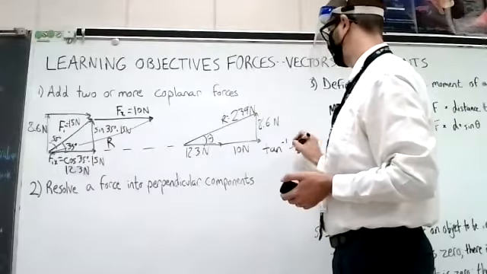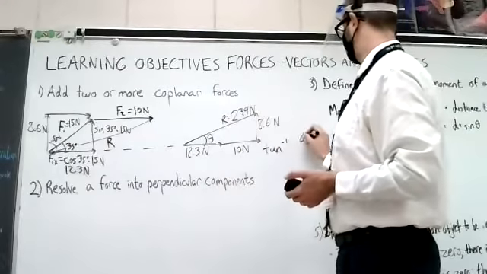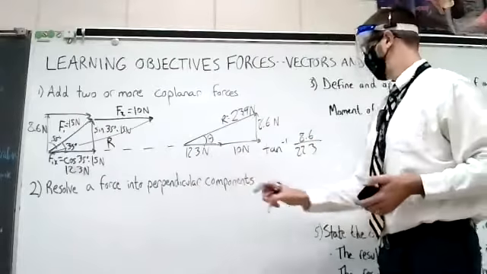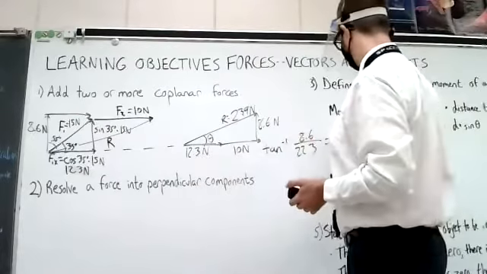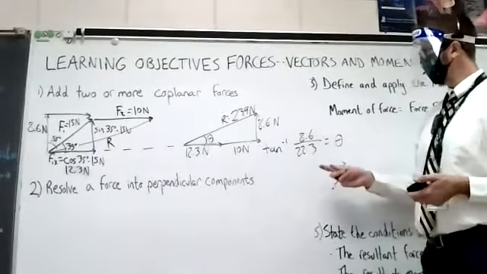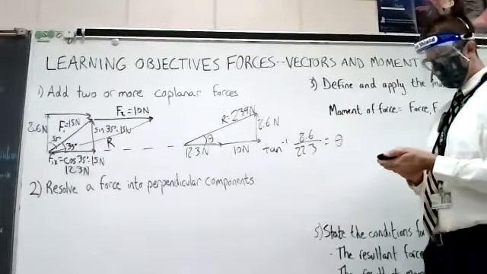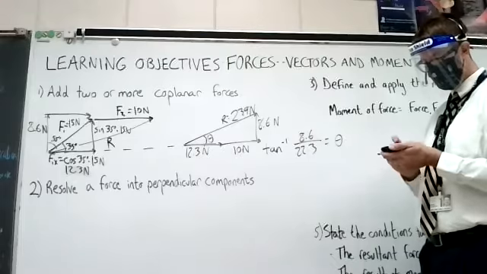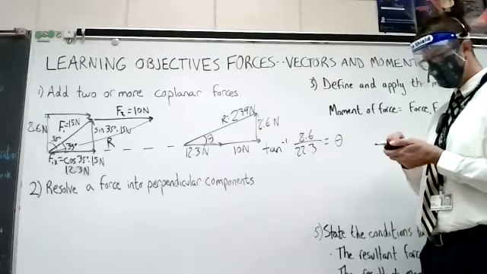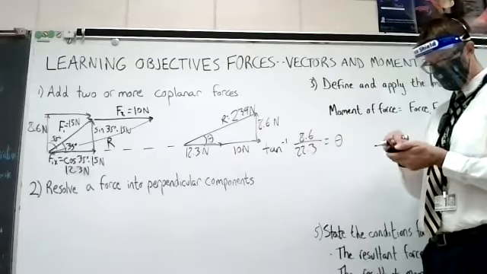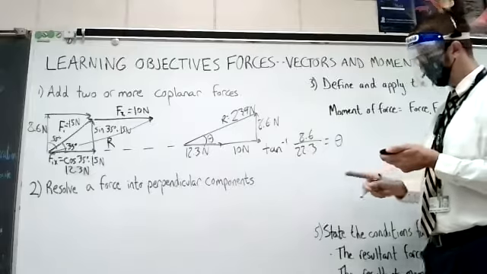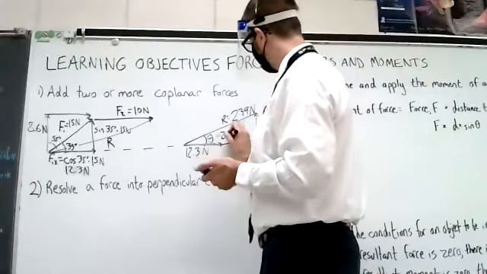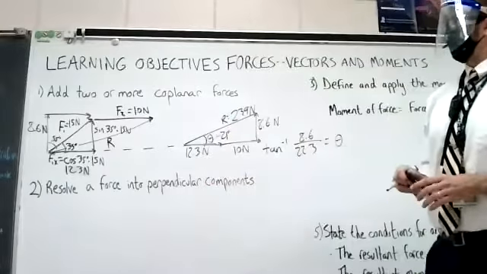So the inverse tangent of opposite over adjacent, right, 8.6 over 22.3 gives me a ratio of sides opposite to adjacent, and the inverse tangent of that solves for the angle theta, 21 degrees.